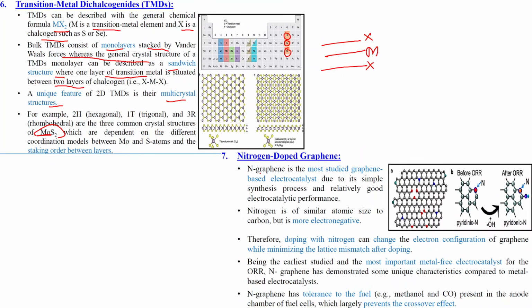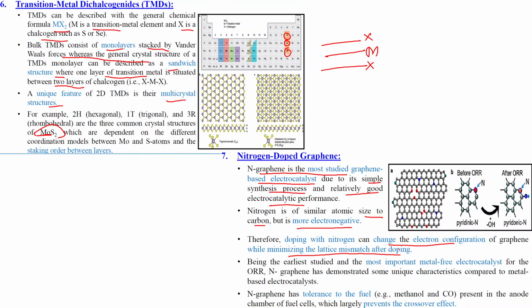nitrogen doped graphene. Nitrogen doped graphene is the most studied graphene-based electrocatalyst due to its simple synthesis process and relatively good electrocatalytic performance. Nitrogen is of similar atomic size as carbon, but it is more electronegative. Therefore, doping with nitrogen can change the electronic configuration of graphene while minimizing the lattice mismatch after doping.